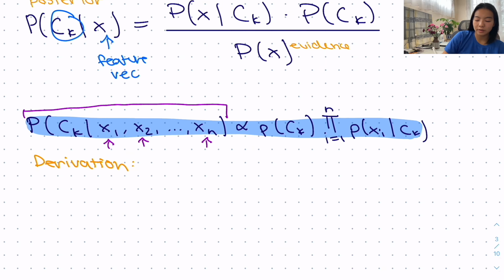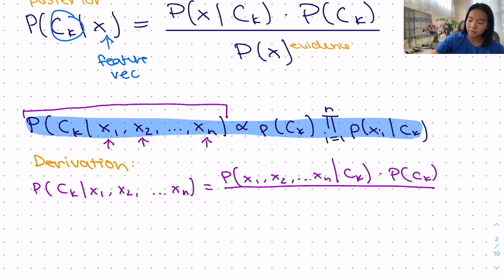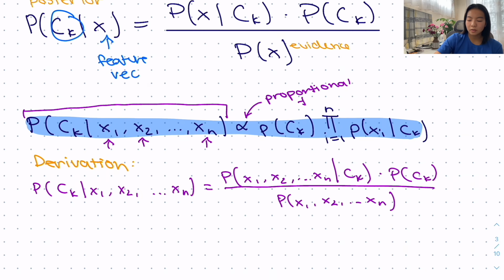So let's use Bayes' rule on this. So this here is equal to the probability of X1, X2, all these joint probabilities, given class K, times the probability of that class, all over the probability of this evidence. Okay? So what is this fancy symbol over here? This means proportional to. Just as the equal sign means it's equal to, this little squiggly sign means that this is proportional to.